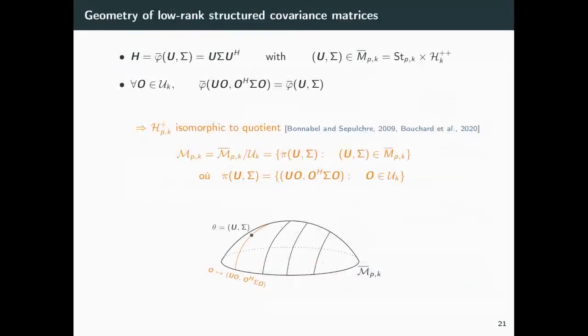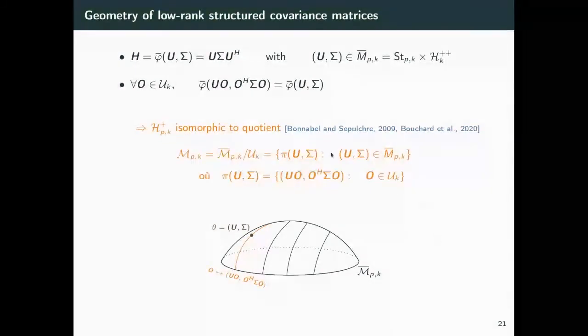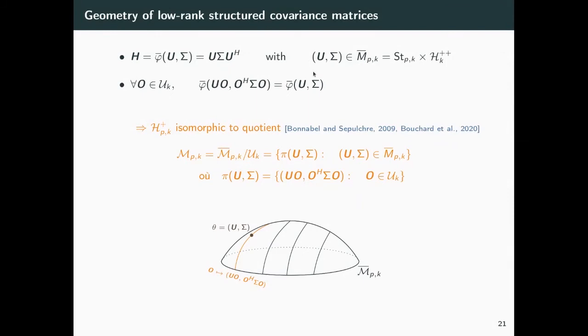Okay. So in fact, what we considered in this work is a quotient to exploit the singular value decomposition. So every matrix H can be decomposed as U sigma U^H, where U is an orthogonal matrix in the Stiefel manifold, so a rectangular matrix, and sigma is a positive definite matrix of size K. And with this model, the problem that we have is that there is this invariance.